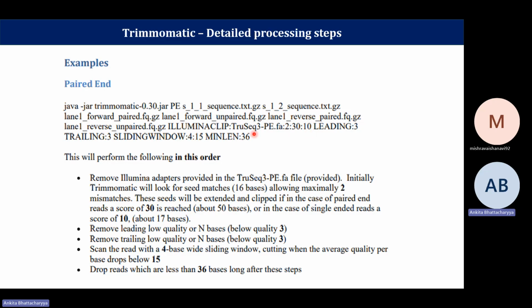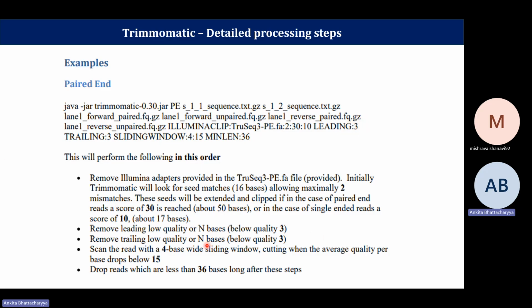If you notice carefully, till now there are no spaces, and that indicates that this is all part of the same command. After that, once you give a space, the next command begins. Then you can see leading, which means that it is going to remove any leading low quality or N bases below quality 3, which is leading 3.